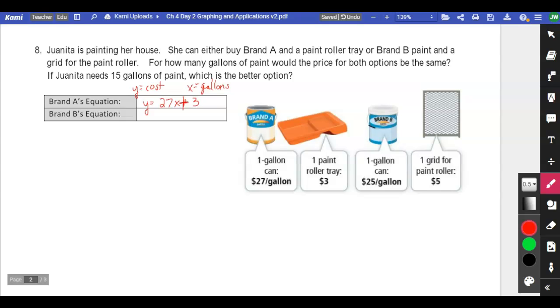The other one, you're going to spend $25 a gallon, but $5 for a grid for your roller. And we're going to do the exact same thing. You get them into y equals mx plus b form, and we solve it. So we're going to set them equal to each other.